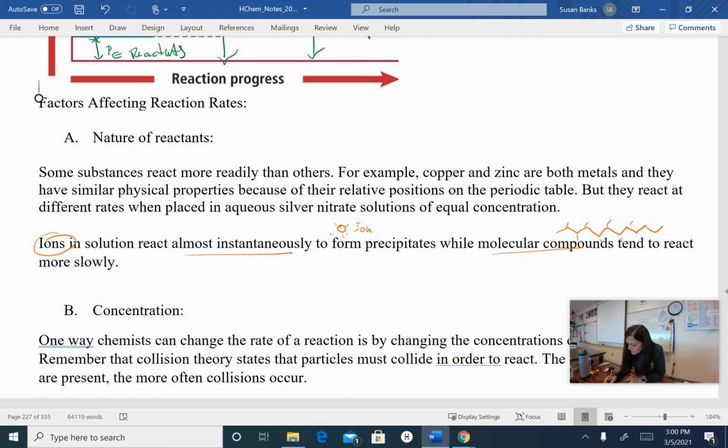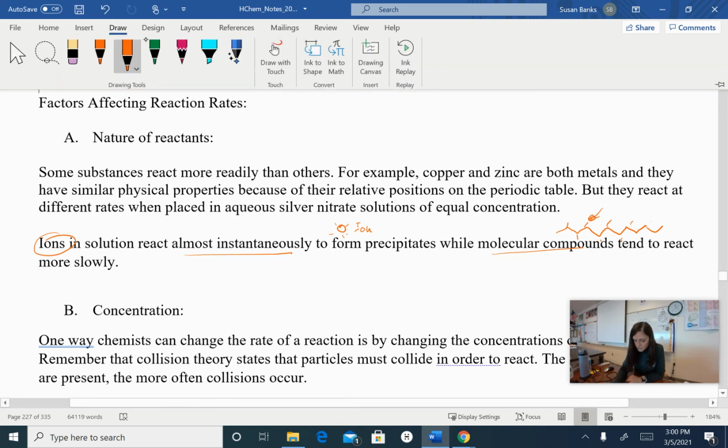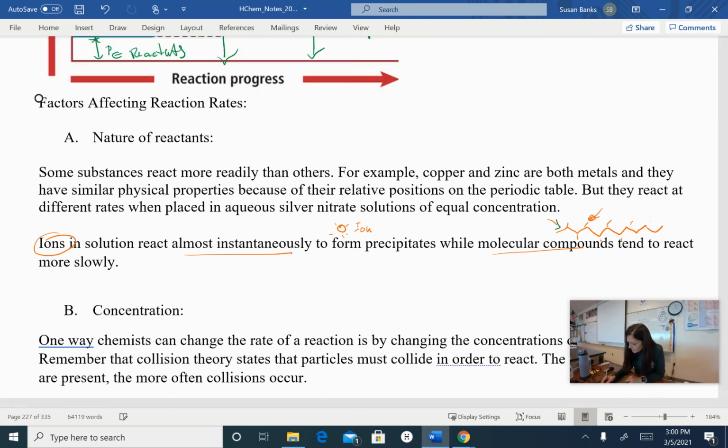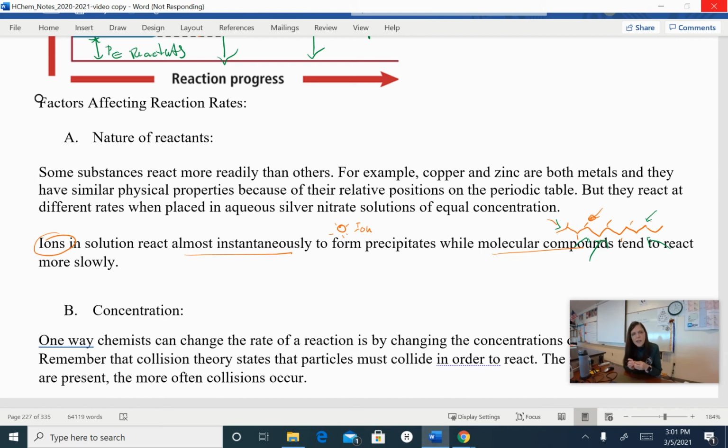And if this right here is where it needs to be reacted and hit, think of all these other places, and I'm going to change my color. Think of all these other places that I could hit that molecule. So the probability of hitting the right spot becomes a lot less on a big molecule than on a little tiny ion. And because of that, the smaller the molecule, usually the faster it can react, just because the probability of hitting that reaction site is so much better.